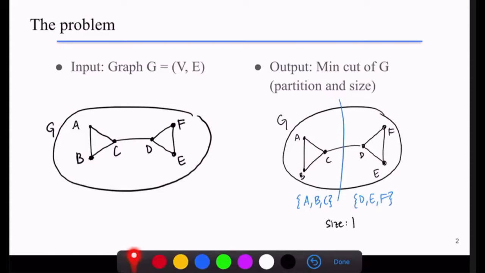The size of this cut is the number of edges that go across this partition. In this case, the size of this cut is 1 because there's only one edge, CD, crossing the partition. What we want to output is the cut of this graph with the least size. In this case, it is ABC on one side and DEF on the other side. We want to output the partition of this cut, and also the size of this cut, so a size of 1.